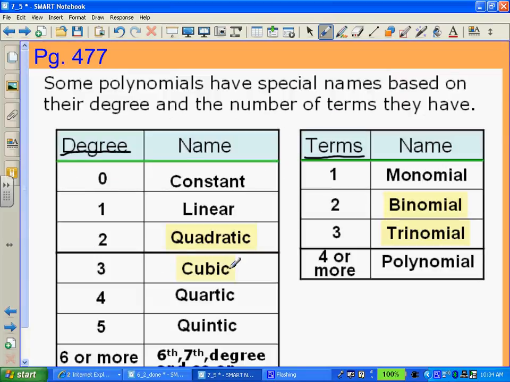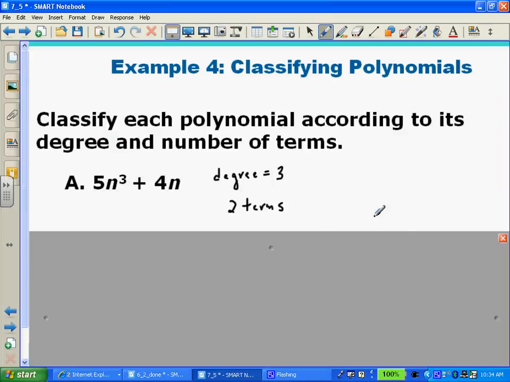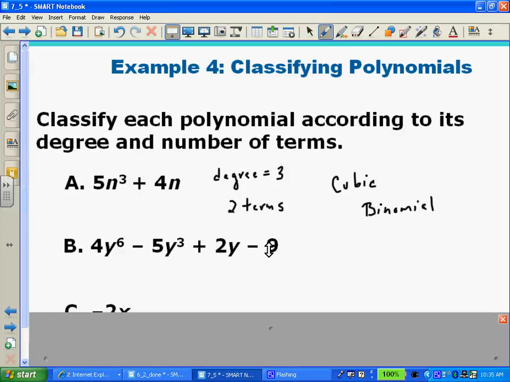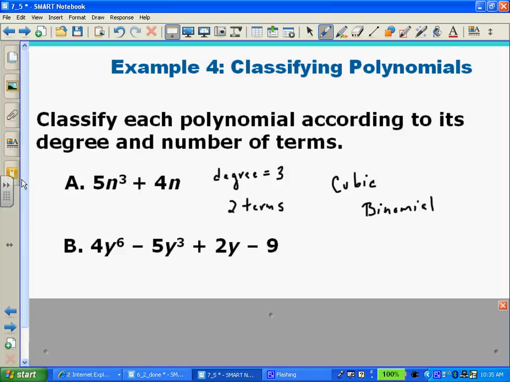So if I go back to my chart here, degree 3 is cubic and 2 terms is binomial. So I would name this a cubic binomial. And that's what we mean by classify.